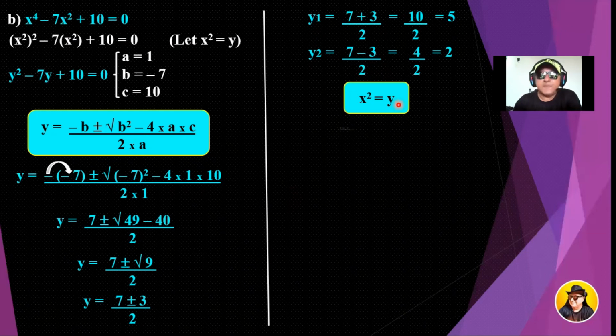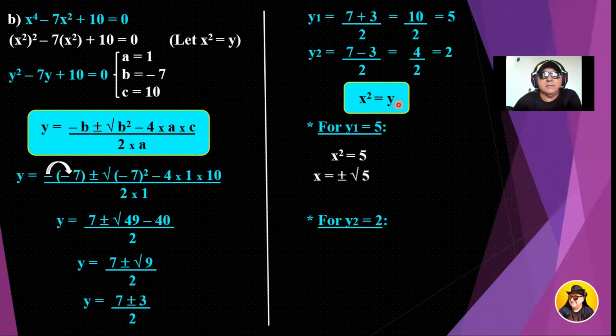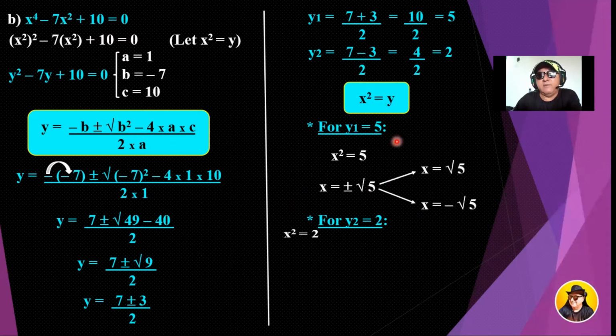So for y equals 5 and for y equals 2, see, x squared is 5. Then x is plus or minus root of 5. Let's separate them: x is root of 5 and x is minus root of 5.